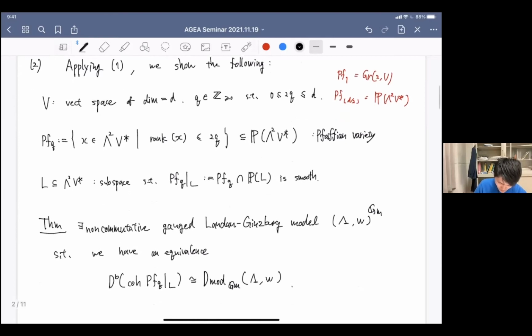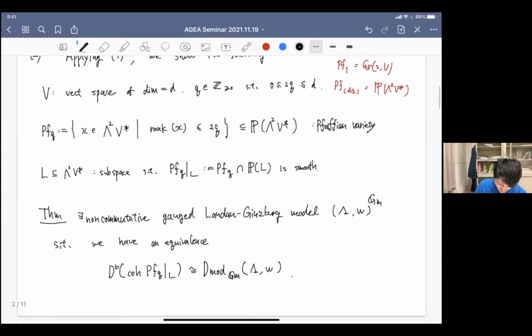So the second result is as follows. There exists a non-commutative gauged Landau-Ginzburg model.